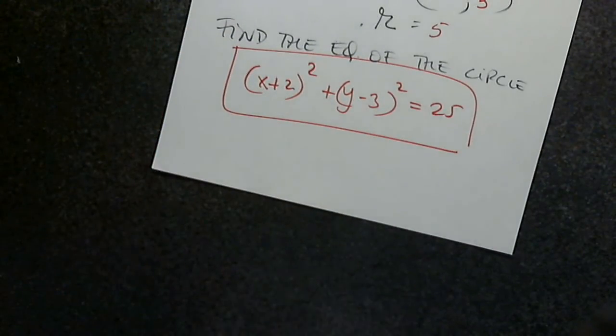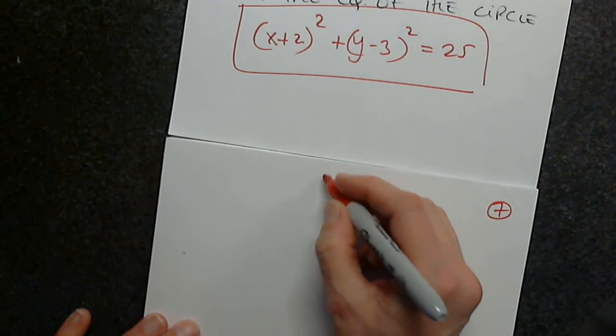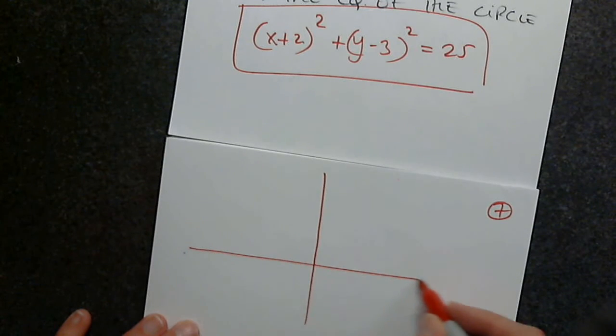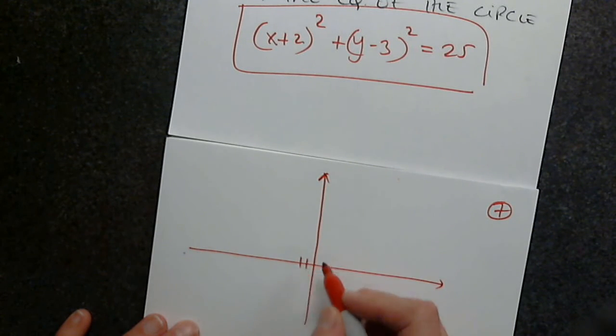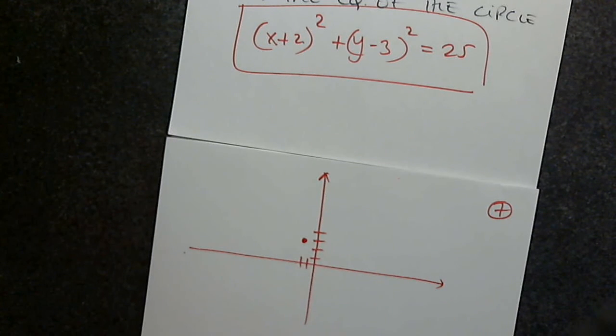We have to plot the center first. So let's do that. That's why I didn't want to be too far out. And now here's what I'm going to do. I have the center of the circle. I know the radius is 5. I will plot a point 5 units away west, 5 units away north, 5 units away south, 5 units away east, and then connect.